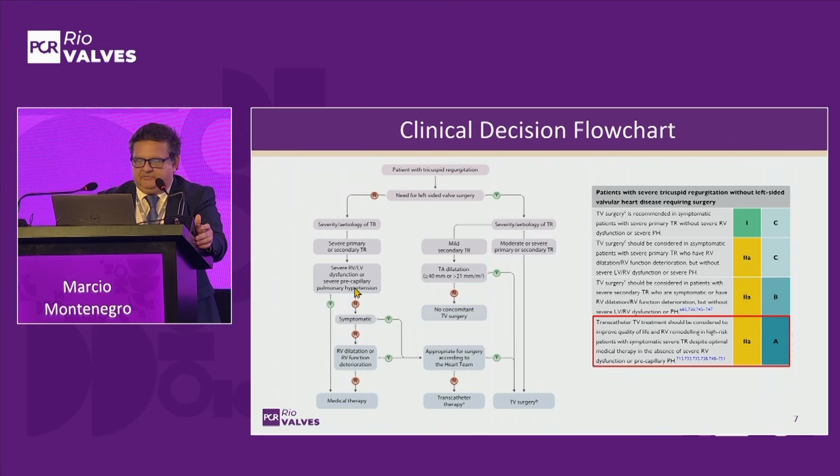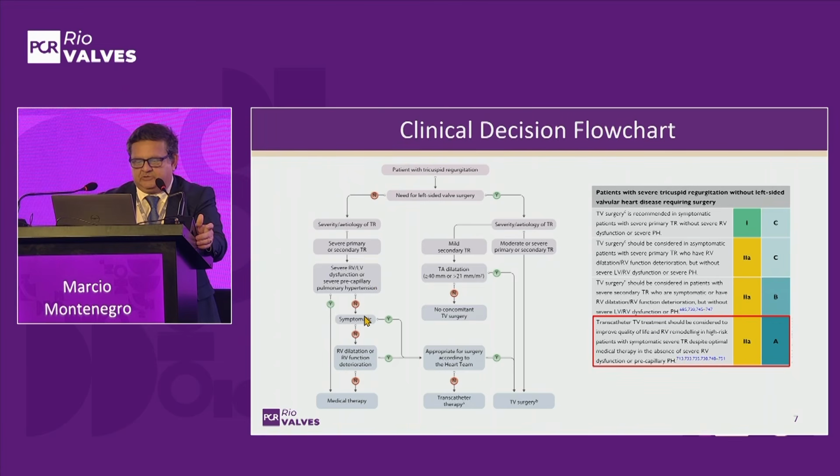At the left side, we see the patient with a severe TR, primary or secondary, doesn't matter, but with severe RV-LV dysfunction or severe precapillary pulmonary hypertension.